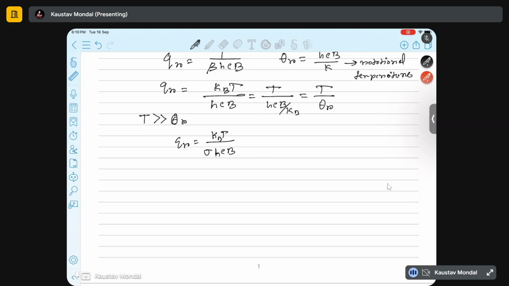Sigma equal to 1 for heteronuclear diatomic molecules, and sigma equal to 2 for homonuclear.